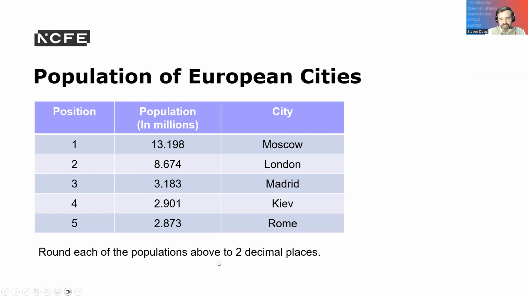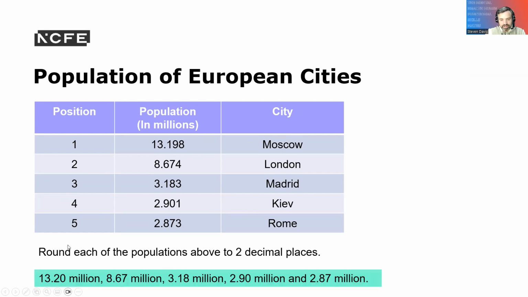Round each population to 2 decimal places. So that would then mean this one would go to 13.20 million. This would be 8.67 million. This one would be 3.18 million. This would be 2.90 million. And this would be 2.87 million.